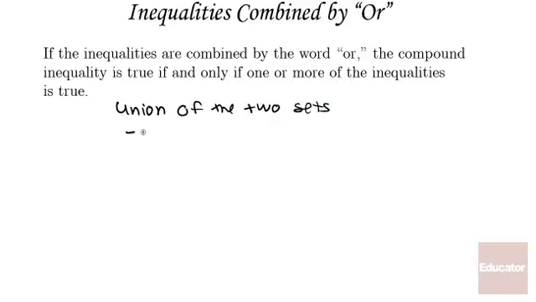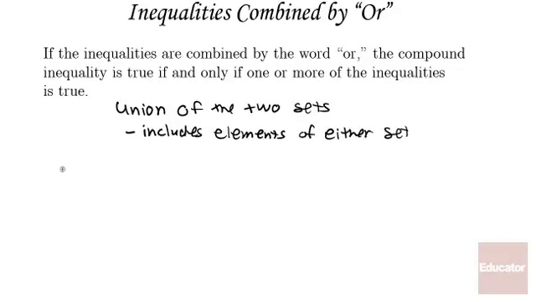This will include elements or members of either set. So the solution set for this is going to include the whole solution set for the first inequality, the whole solution set for the second inequality, and some of those may overlap. Some of those may intersect, some may not, but they're all included.